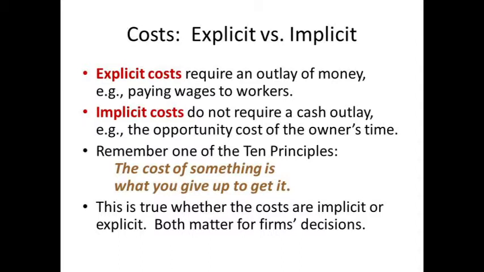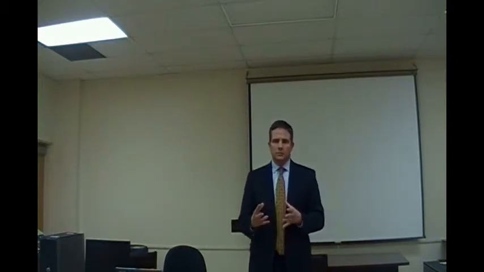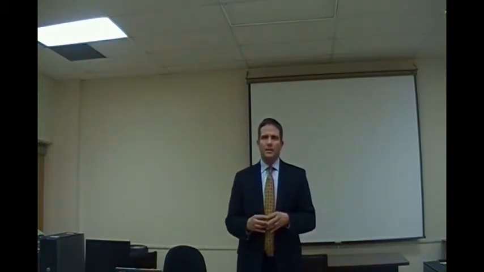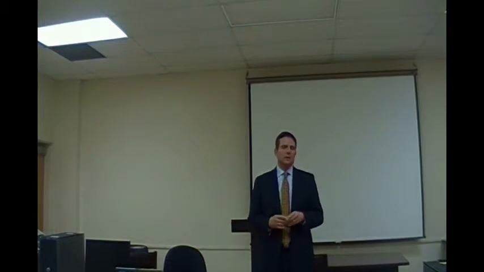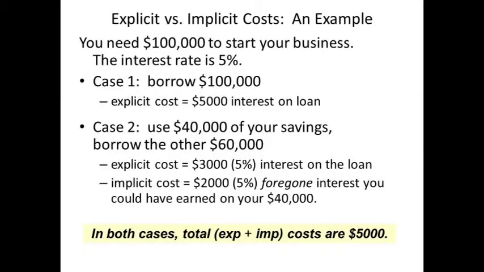The definition of explicit costs is input costs that require an outlay of money by the firm. Implicit costs are input costs that do not require an outlay of money by the firm. So the total cost of the business is the sum of the implicit cost and the explicit cost.